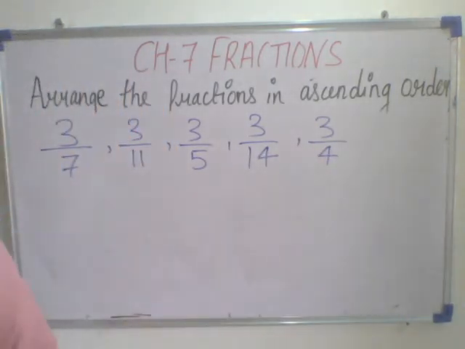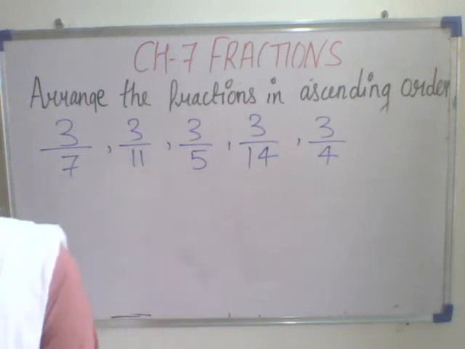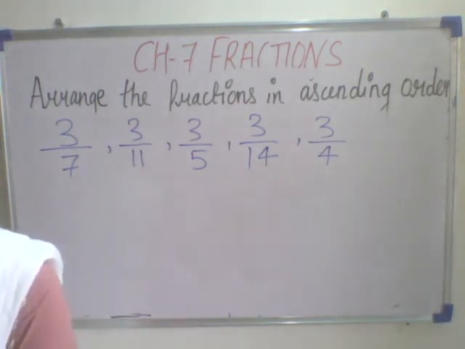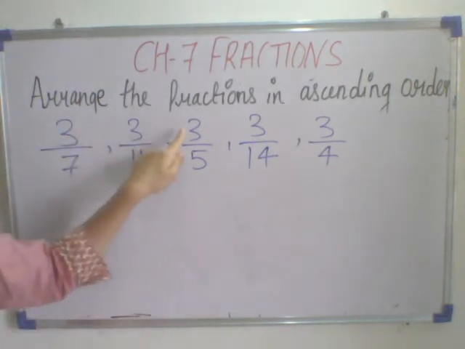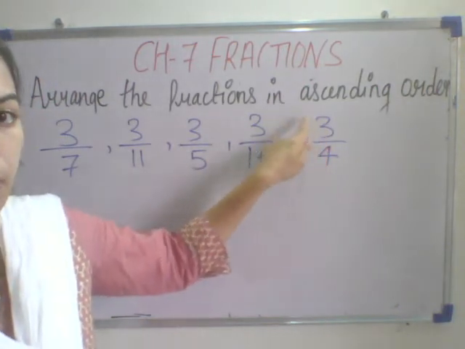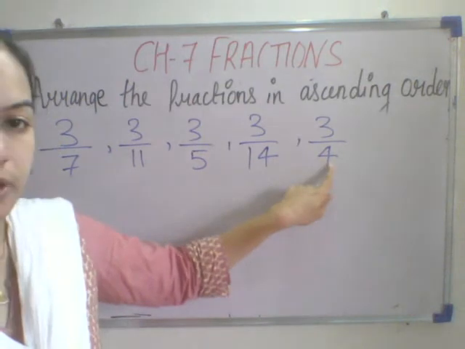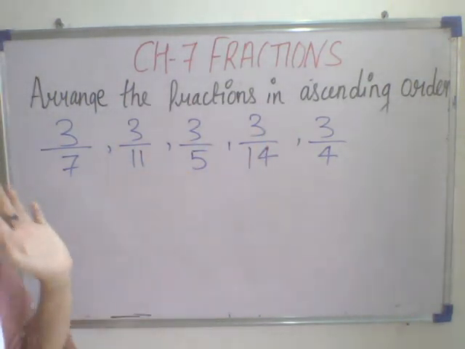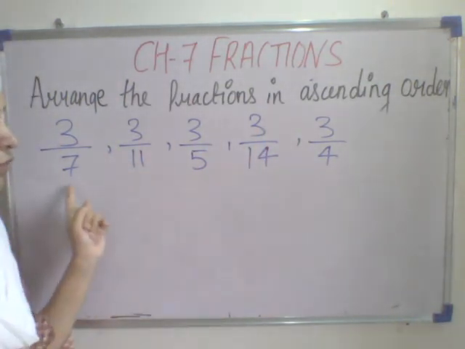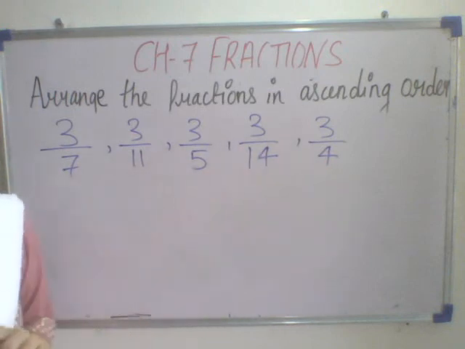Here students, you can see these fractions have the same numerator, 3, 3, 3, 3 and 3. The numerator is the same and the denominators are different. So you have to see the denominator.